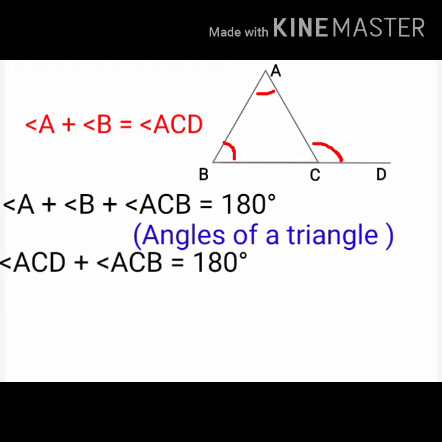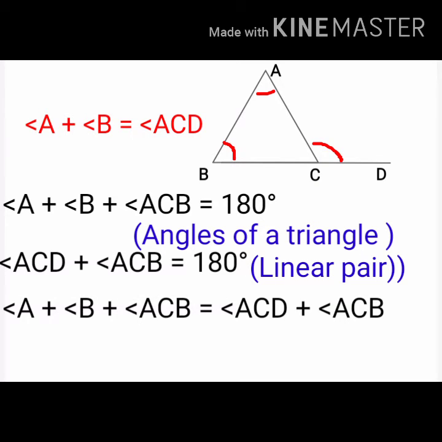Next, we know that angle ACD plus angle ACB equals 180 degrees because it's a linear pair. So we can equate these two equations: angle A plus angle B plus angle ACB equals angle ACD plus angle ACB. Therefore, angle A plus angle B equals angle ACD.